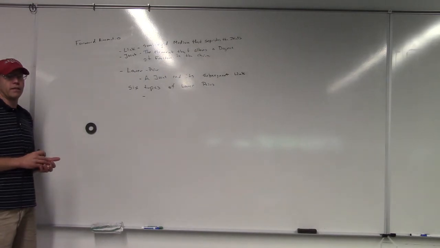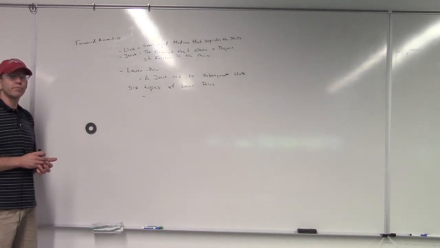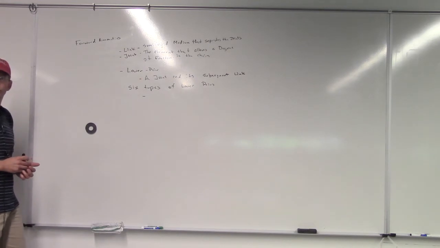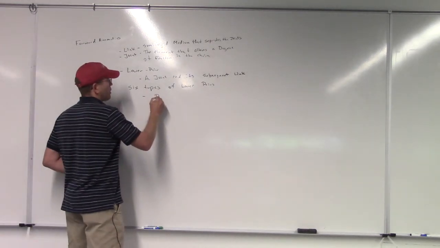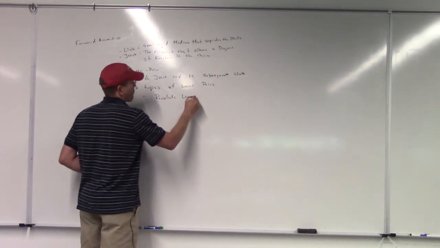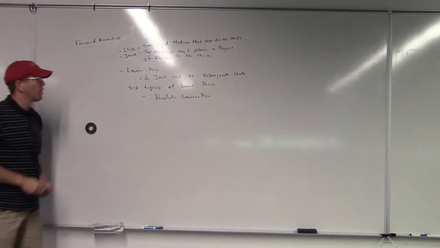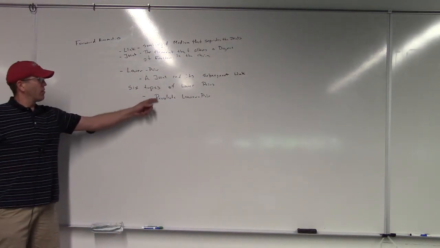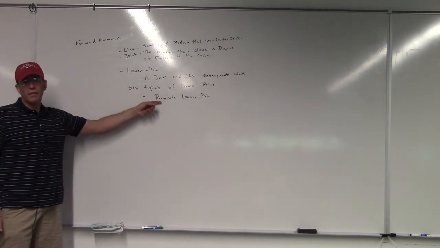What are the 2 types of lower pair devices that you're aware of? Revolute. What would we be describing in a revolute lower pair as opposed to a revolute joint?